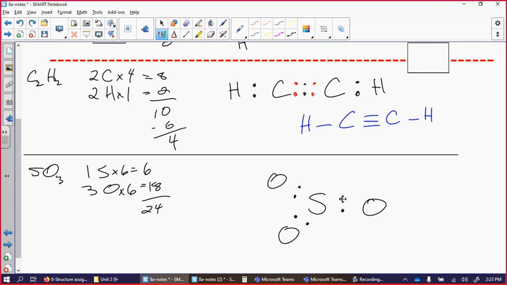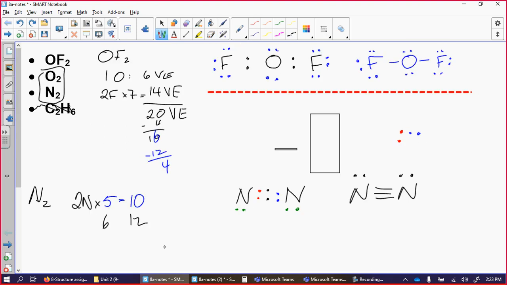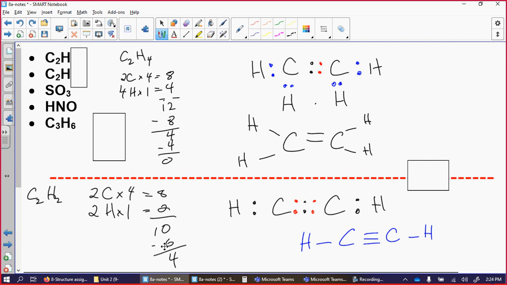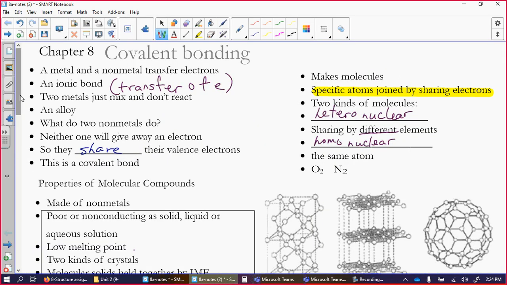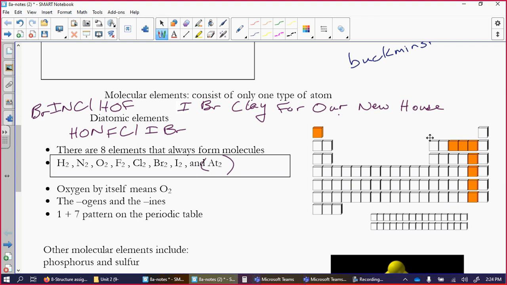Does bromine only have 5 valence electrons? No. Bromine has 7. Boron has 3.